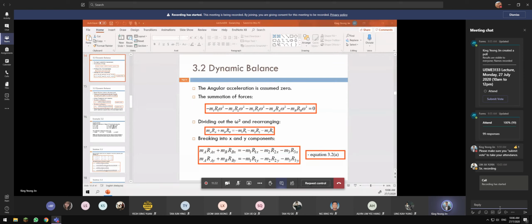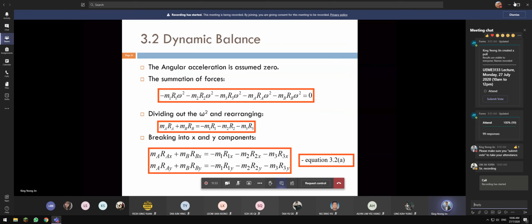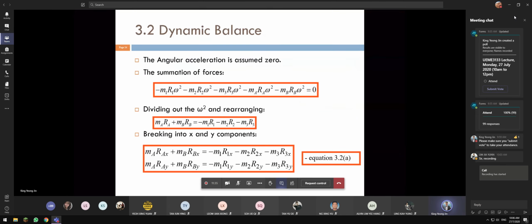Okay, so we'll look at the balancing. We actually stopped here on the dynamic balancing.